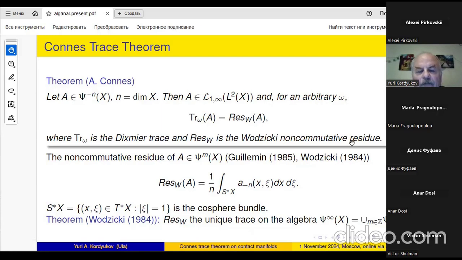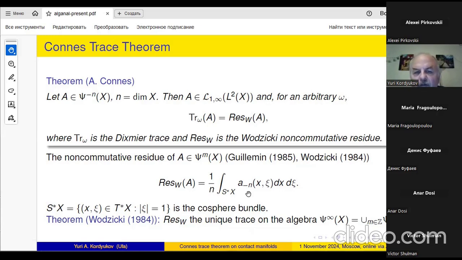The Wodzicki noncommutative residue has less to do with functional analysis. It is more geometrical because it deals with pseudodifferential operators. And it is defined in the following way.